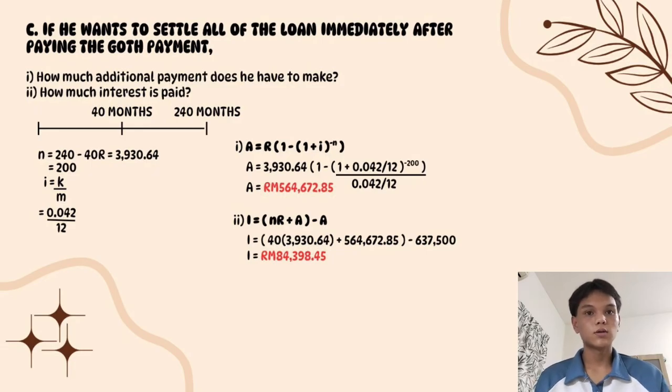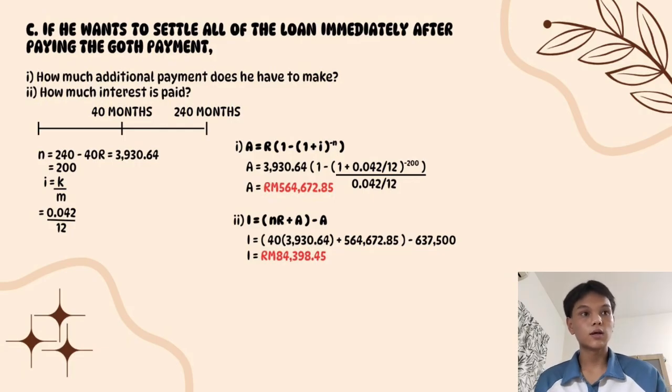To solve this question, we must use the formula A equals R open bracket 1 minus open bracket 1 plus I close bracket power of negative N close bracket over I. So it will be A equals 3,930 ringgit 64 cents open bracket 1 minus open bracket 1 plus 0.042 over 12 close bracket power of negative 200 over 0.042 over 12, and the answer is RM 5,064,672 ringgit 85 cents.